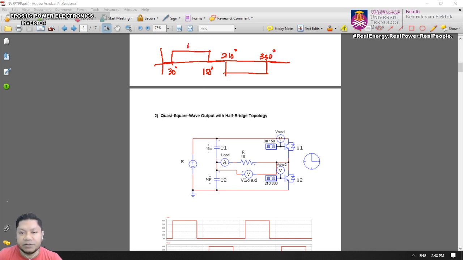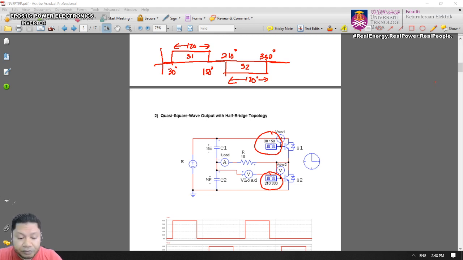And the pulse, we're going to have a 120 degree pulse. This one is also a 120 degree pulse, isn't it? So you need to switch on S1 from 30 to 150 degrees, and then turn on switch 2 for 210 to 330 degrees. So that's why the gate signals here are from 30 to 150 degrees, and 210 to 330. And the circuit operation is similar to what we have just now.